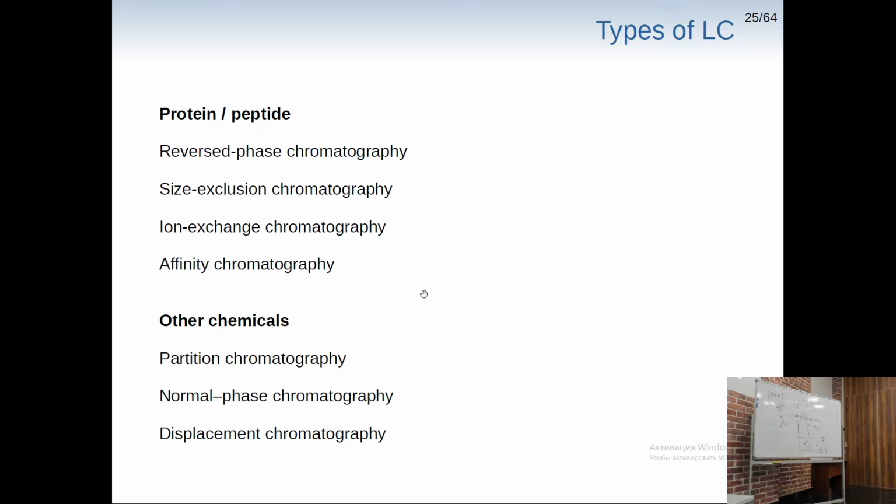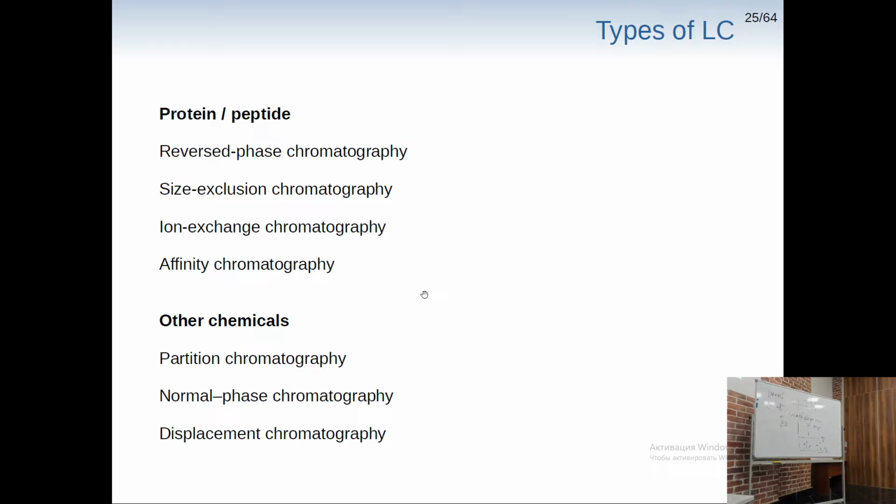So, which kind of chromatography are we using? Mostly it's reverse phase chromatography with the so-called C18 stationary phase. And what we're trying to see is how hydrophobic our proteins or peptides are. Also, we use size exclusion chromatography and ion exchange chromatography.